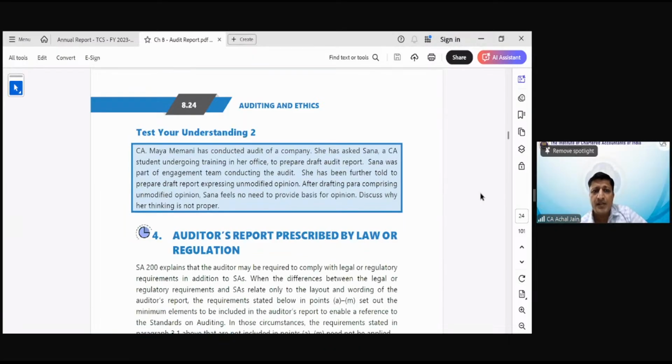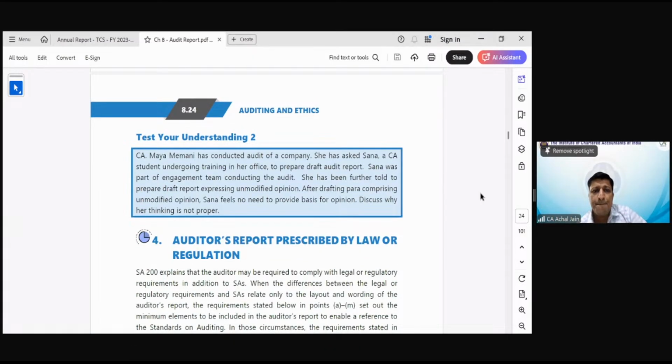I think we have another example here. CA Maya Memani has conducted the audit of a company. She has asked Sana, a CA student undergoing training in her office, to prepare the draft audit report. So CA Maya Memani is in the process of audit of a company, and there's this girl Sana, who is the CA student, again very much like you, doing articleship, undergoing training in her office.